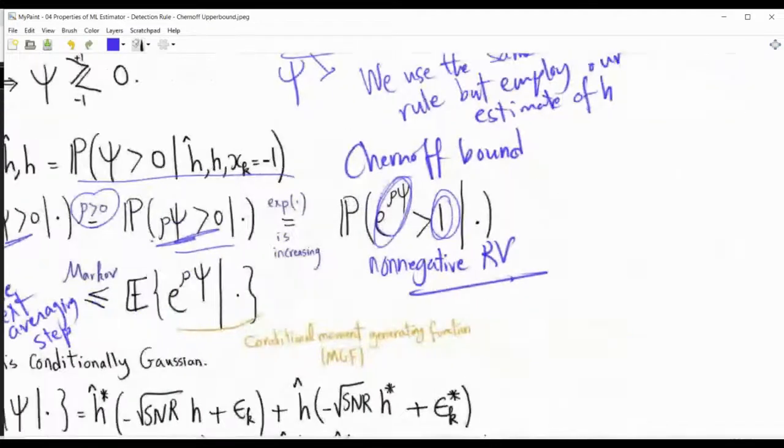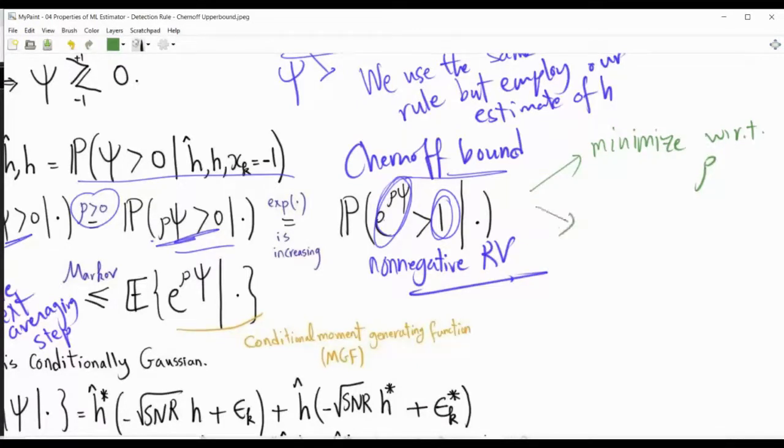Generally, when you do the Chernoff bound, you have varieties. You have the option of minimizing with respect to rho to get the least upper bound.